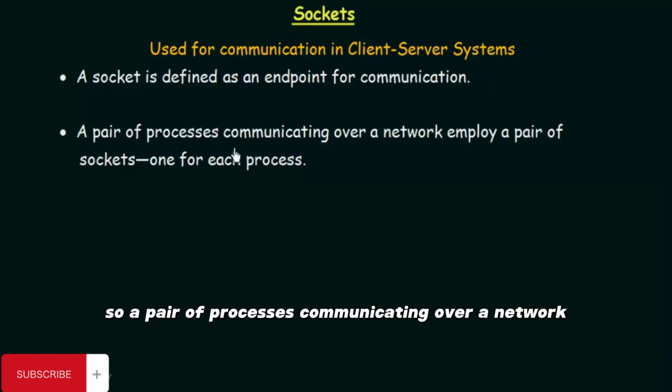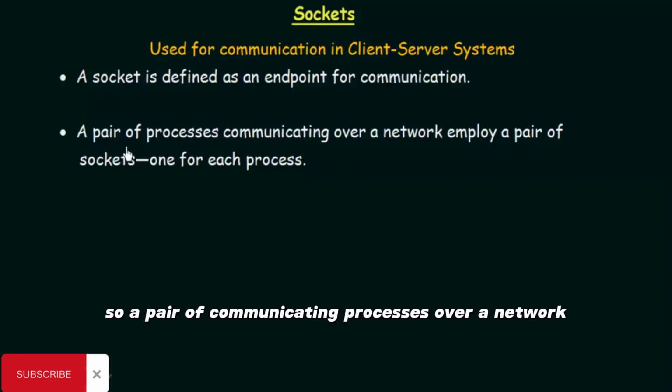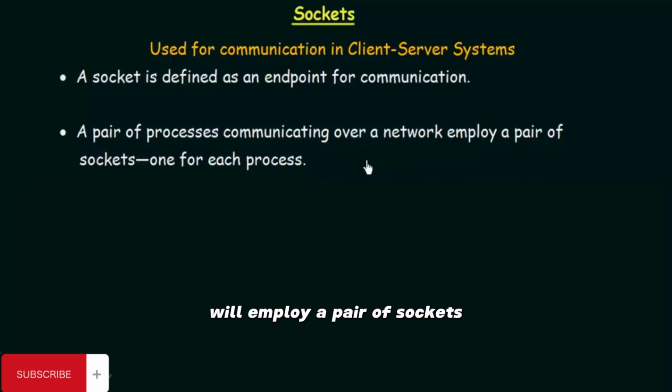A pair of processes communicating over a network employ a pair of sockets, one for each process. As I told you, when two processes want to communicate, there needs to be a connection between them, and at each end of the connection, each of these processes will employ a socket.